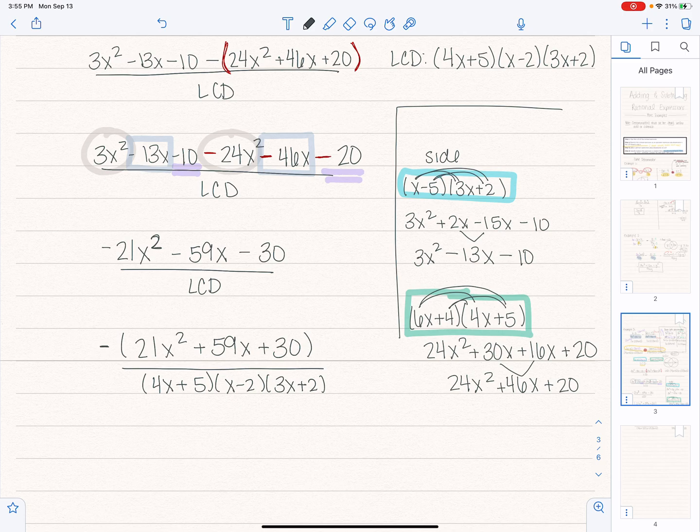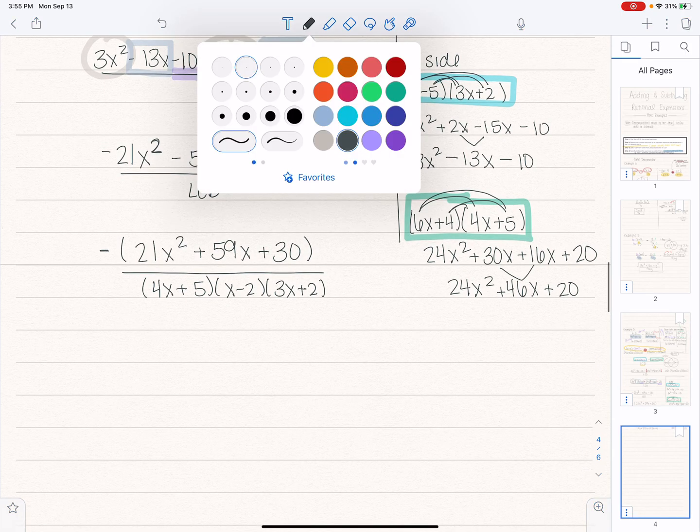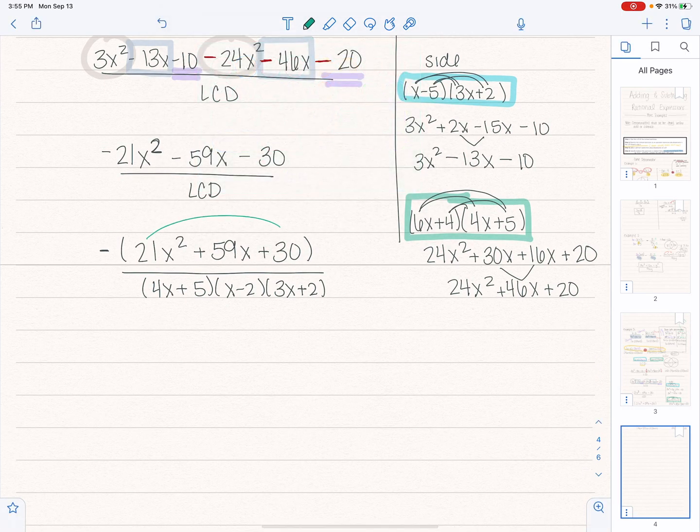So let's look for my factors. I've got 21 times 30. I need to get a calculator out. 21 times 30 is going to give me 630. Holy cow, I'm going to need more room.